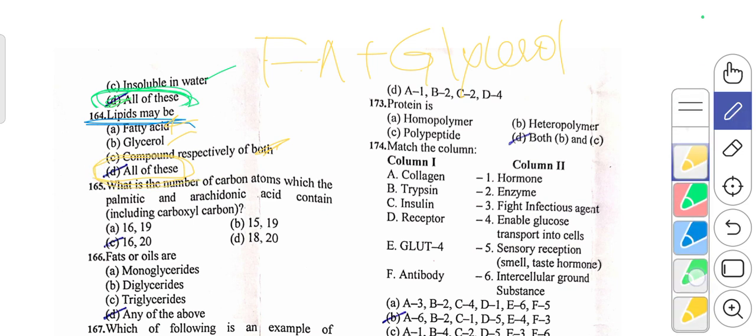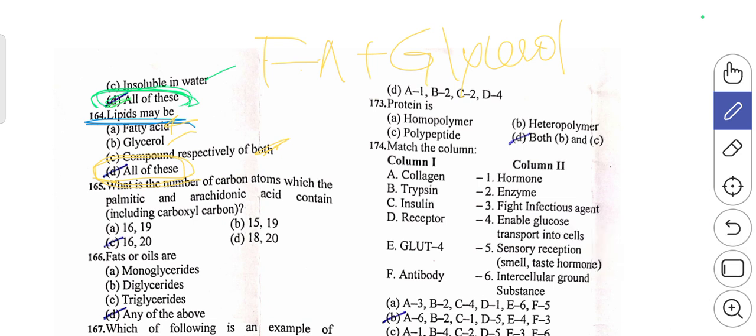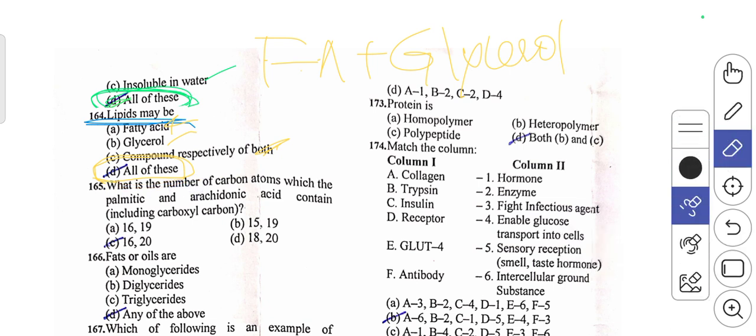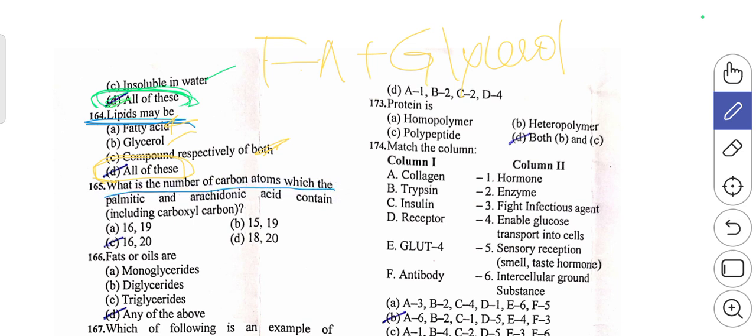So next one. What is the number of carbon atoms which palmitic and arachidonic acid contain, including carboxyl carbon?